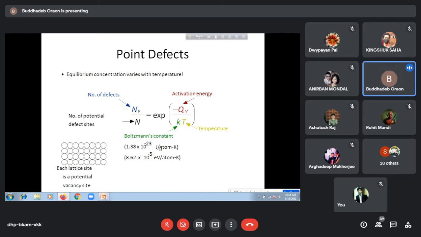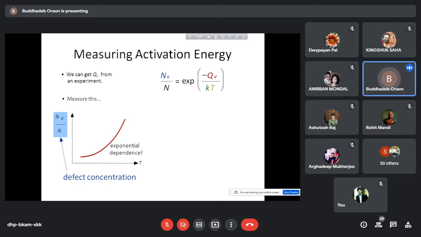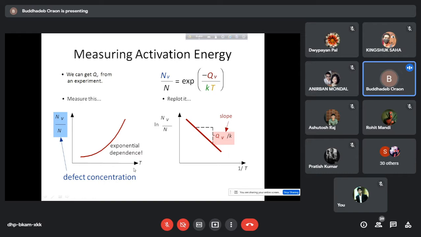Let us see the next slide. As I have told you, Qv or activation energy is very important, so how to measure it is very important. If you analyze this equation graphically, with the y-axis as the defect concentration in percentage of defects, you will find that it increases exponentially with temperature.